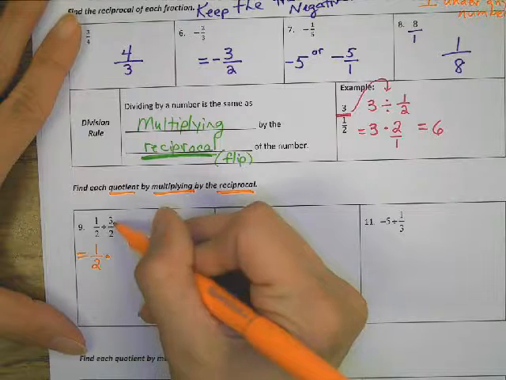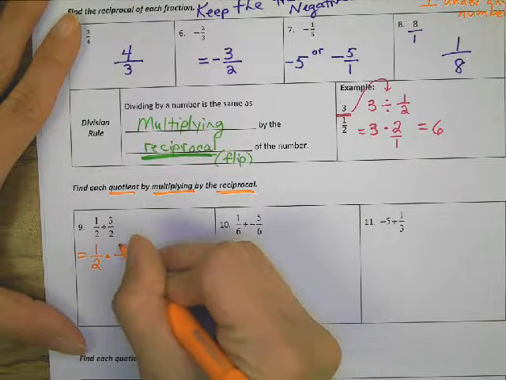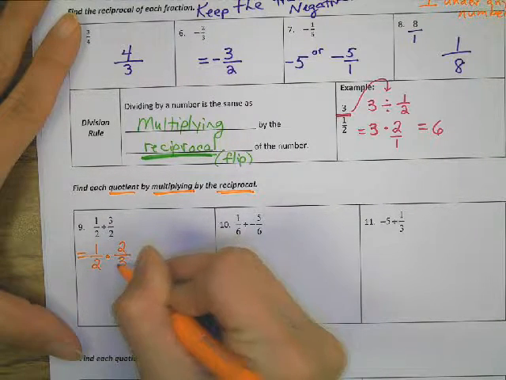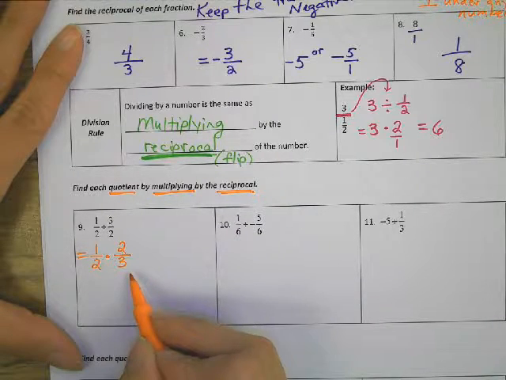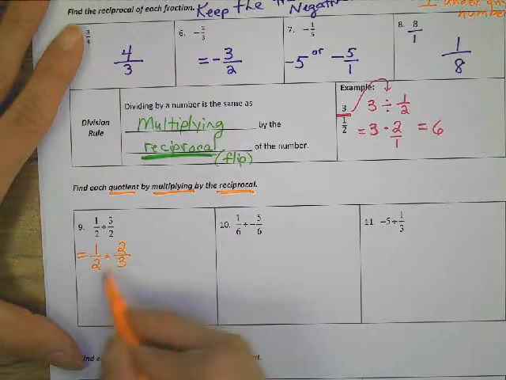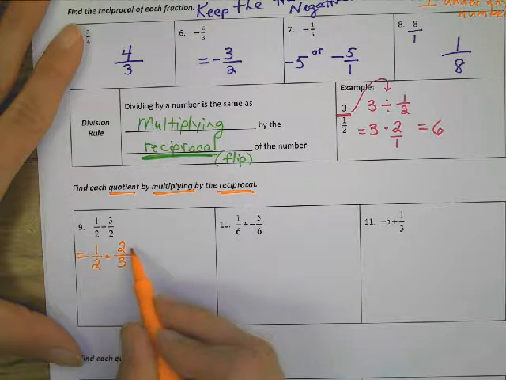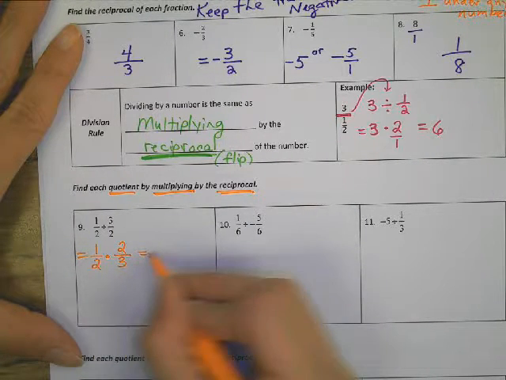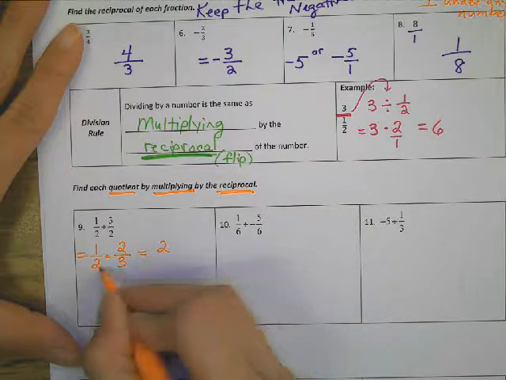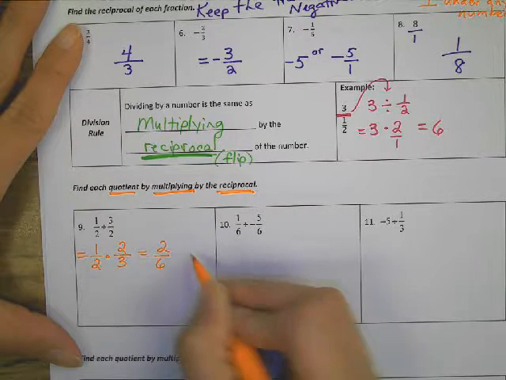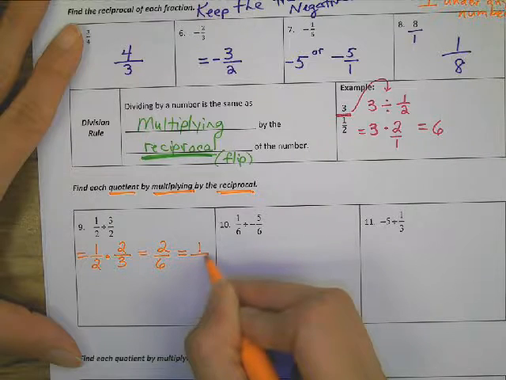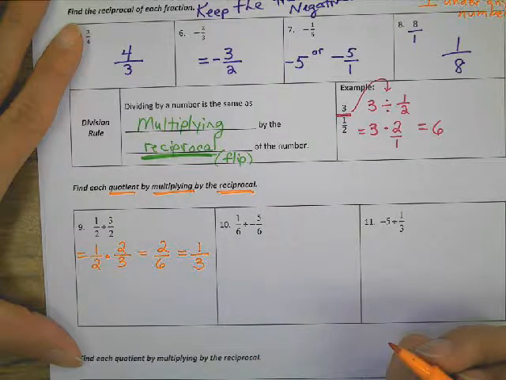Now how do you multiply fractions? You can use your calculator, or you can multiply across the top. 2 times 1 is 2. 2 times 3 is 6. And then we'll reduce that to 1/3. We could also use this in our calculator because you have a fancy fraction button in your calculator.